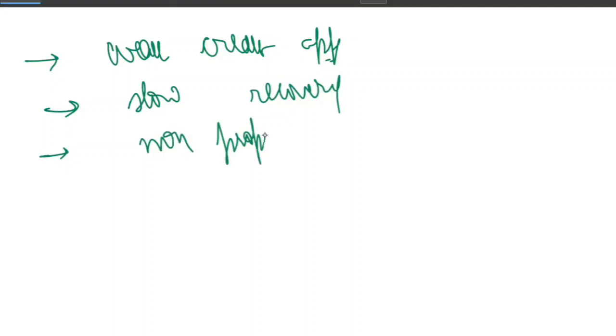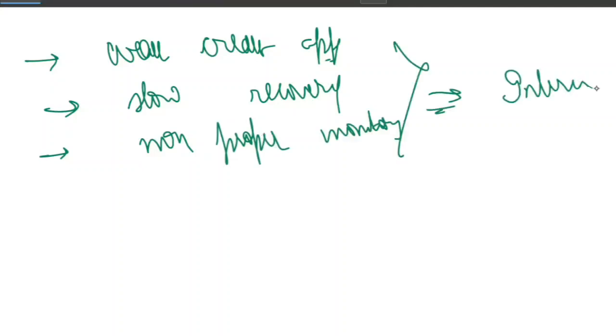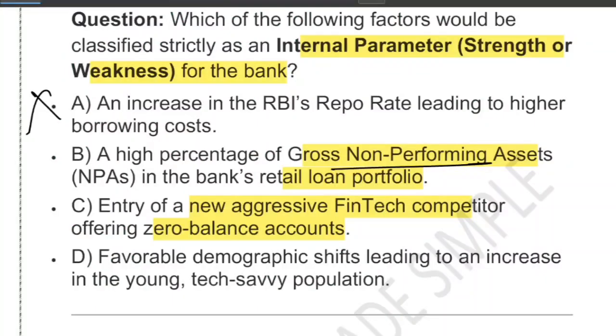All these things are related to the internal system of the bank. That's why the NPA level is a kind of internal weakness. So option B is the correct one. This is the correct internal parameter.